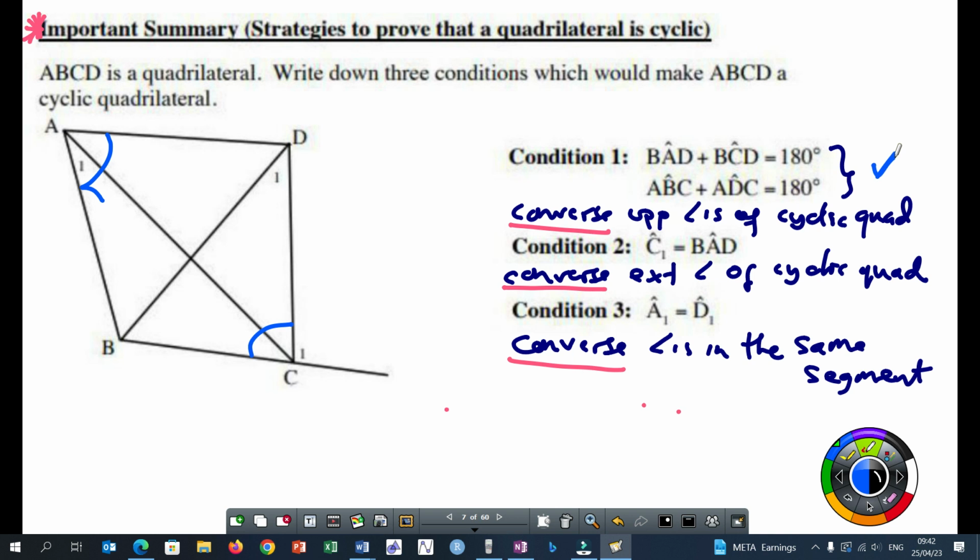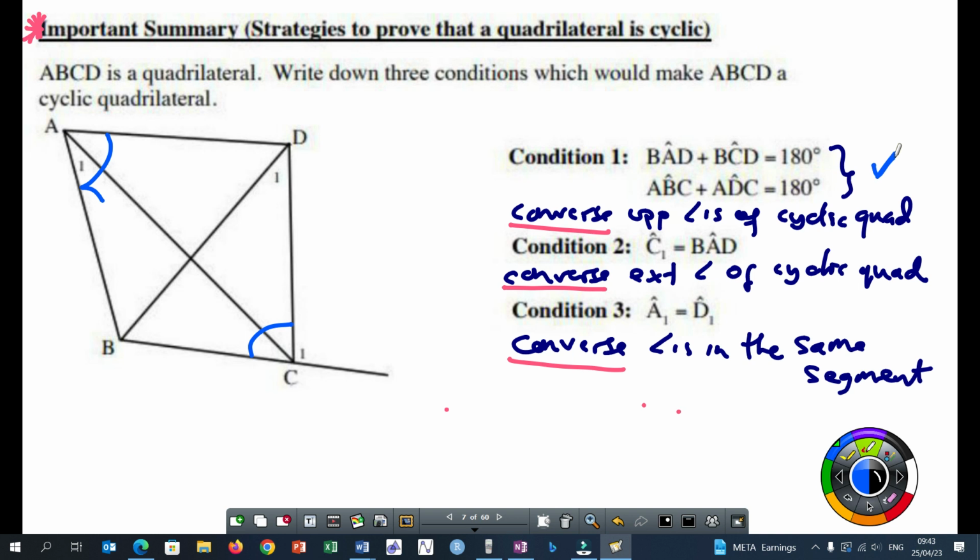Generally you just have to choose any pair of opposite angles. If you can prove that the opposite angles add up to 180, you can conclude that therefore the quadrilateral is cyclic.